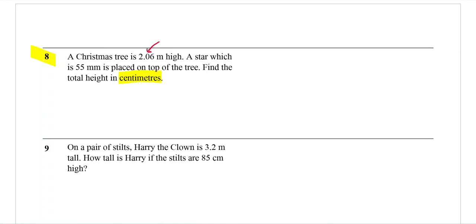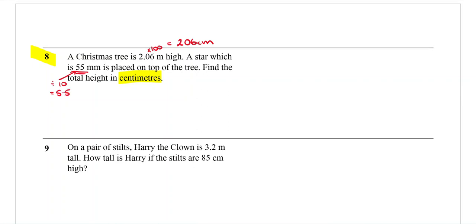For the 2.06, I'm going to have to times that by 100, which is 206 centimeters. For the 55 millimeters, I'm going to have to divide that by 10, so that would be equal to 5.5.